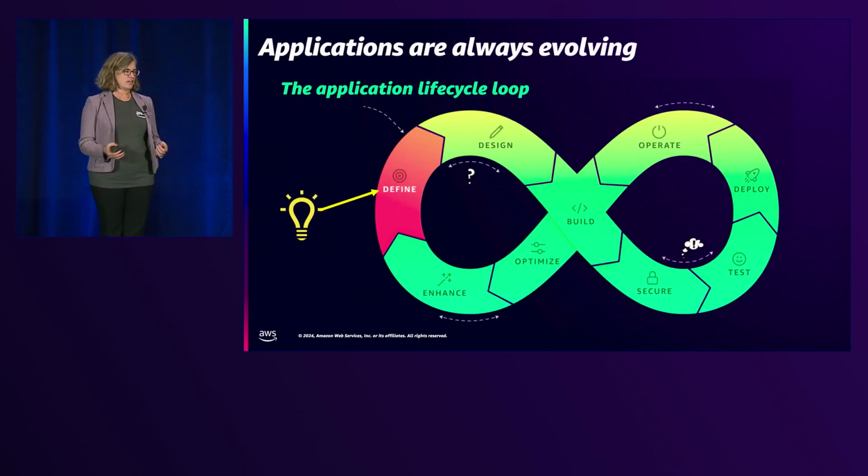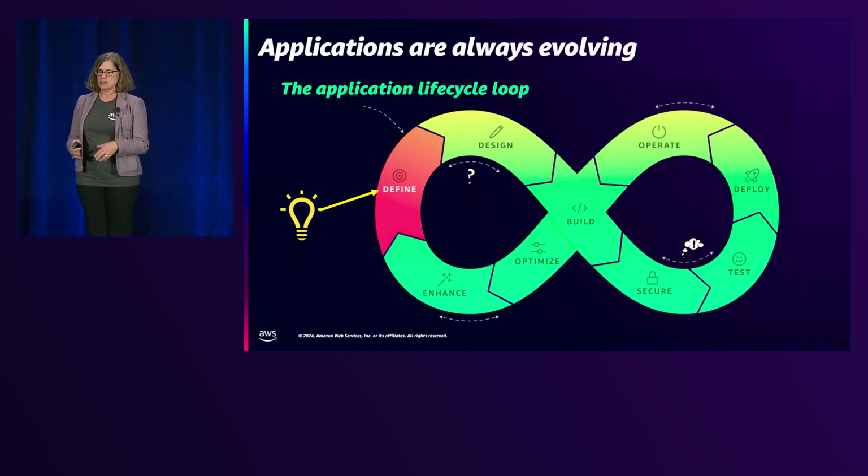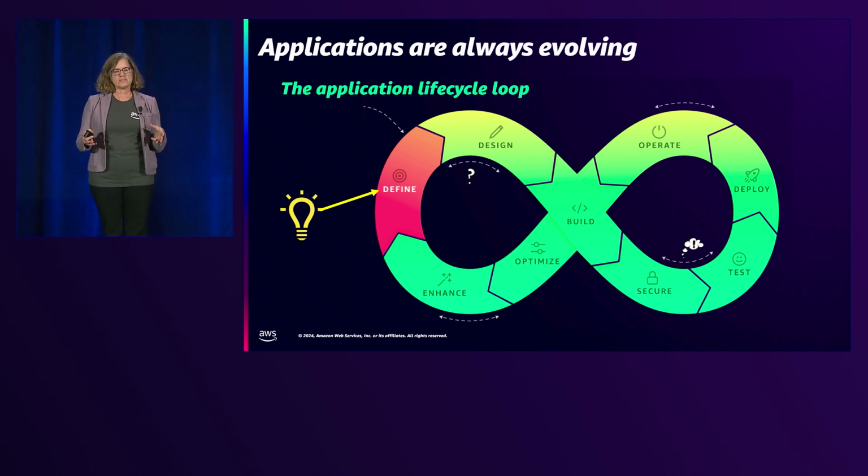But the thing is, applications are always changing, right? We start by designing, and then we build, and we code, and we test, and we deploy. And then we move into an optimization phase and an operational phase. But the most successful applications, if your business is successful, are always changing, right? You're always getting new requirements, always getting feedback.